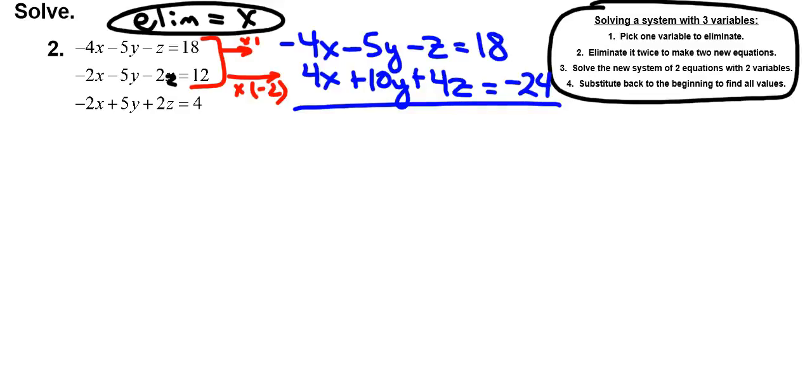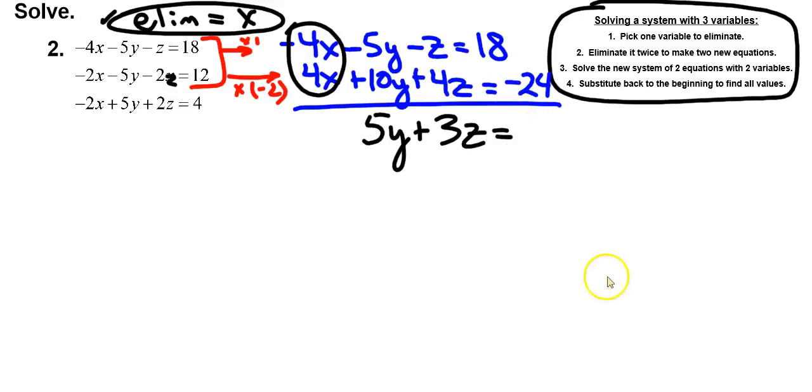So at this point, what we'll do next is combine our values from the two equations, and you can see that these two are going to cancel. -4x and positive 4x will cancel, and the x's will be eliminated, which is our task. -5y and positive 10y will make positive 5y. -z and positive 4z will make positive 3z.